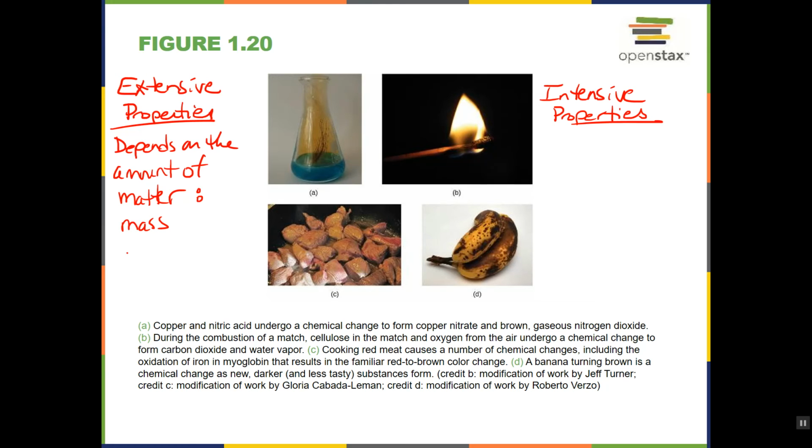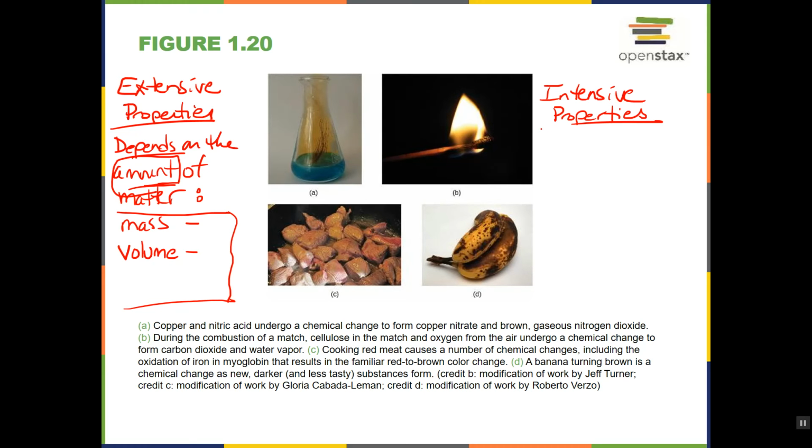If you have more mass of something, that's an extensive property, because it's going to be heavier than something that has less mass. Volume: a 2-liter bottle of soda is extensive because it's going to have more volume than a 1-liter bottle of soda, for instance. So it depends on how much you have. Any characteristic like mass or volume, and there's probably a list of them in your text, will be examples of extensive properties. They're related to how much of it you have.